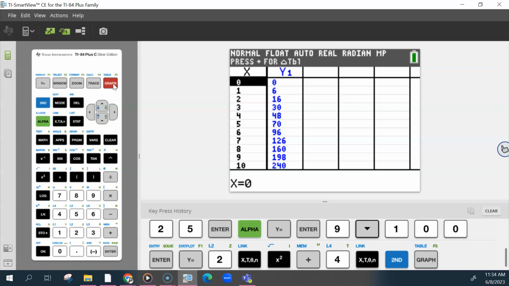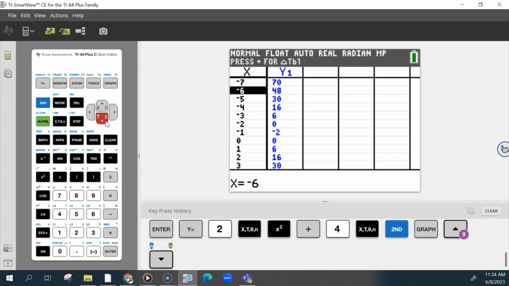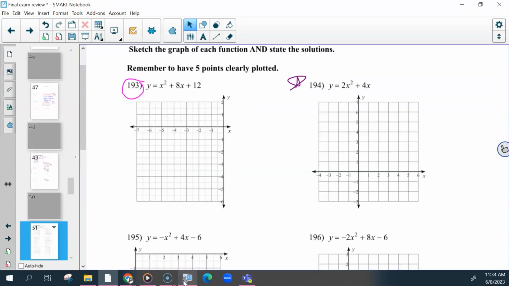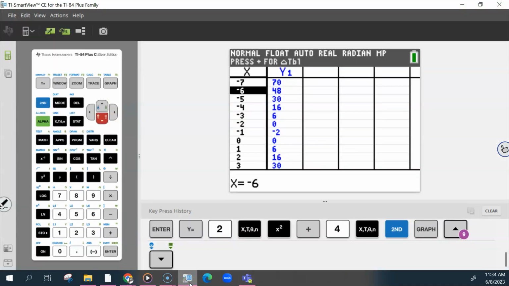Here they only go up, so I'm going to scroll up. And I see my y values repeating here. I'm going to find the middle and plot that point, -1, -2. And then I'm going to plot at least 5 points. If I can plot more, that's fine. If not, only 5.